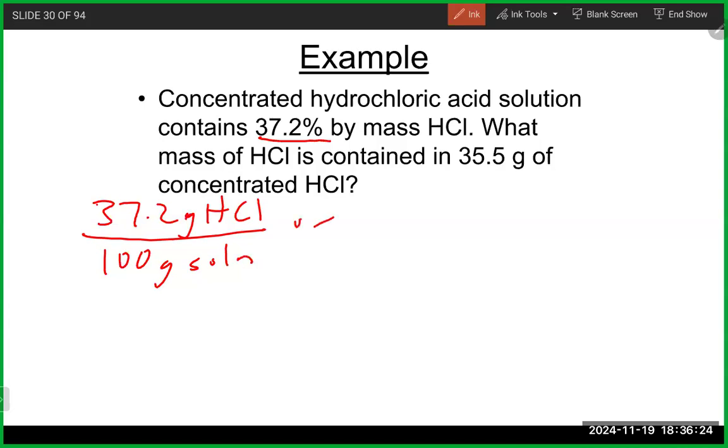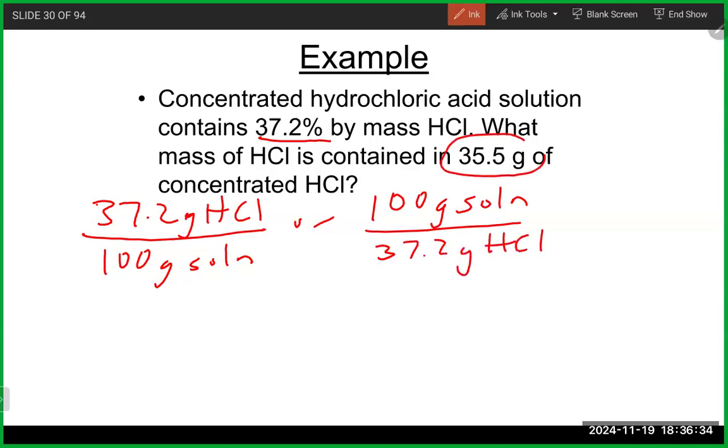Or again, I could flip it around and say in 100 grams of solution, I have 37.2 grams of HCl. So in this case, we have 35.5 grams of solution. Remember that, as we talked about, the name of the solution is the solute. So if I'm looking for HCl, then I'm looking for the mass of the solute in this case.